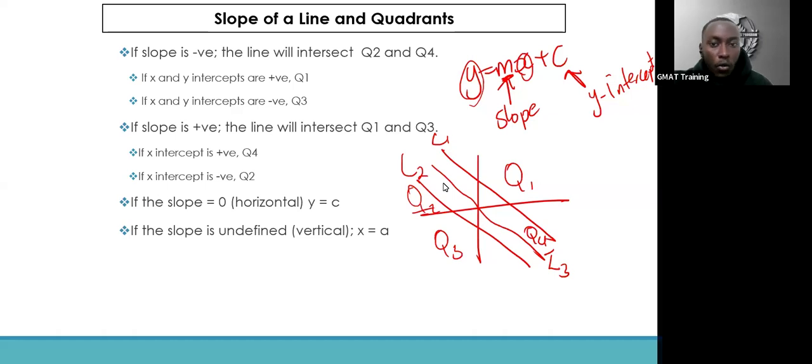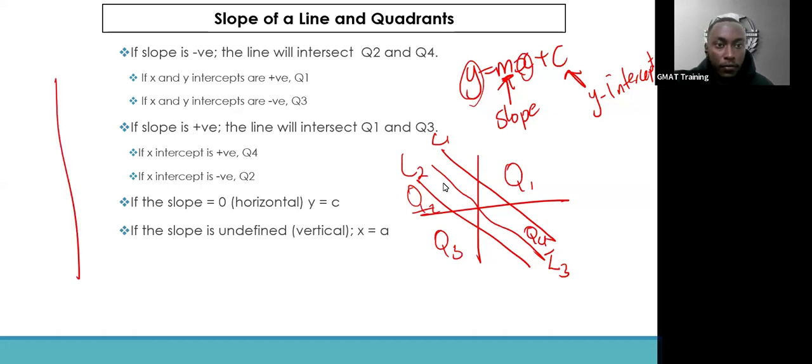And it can go through quadrant 1 if X and Y intercepts are positive. It can go through quadrant 3 if X and Y intercepts are negative. These are a few of the properties of slopes of lines in the quadrants.